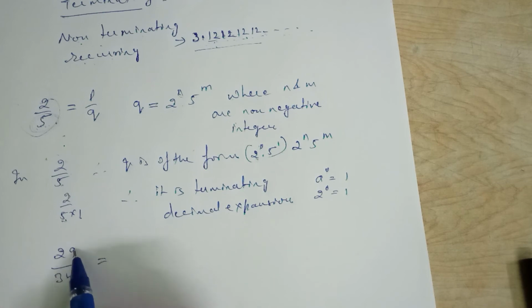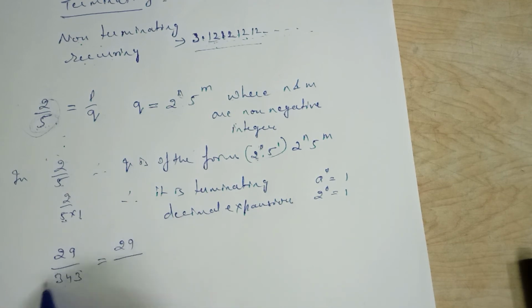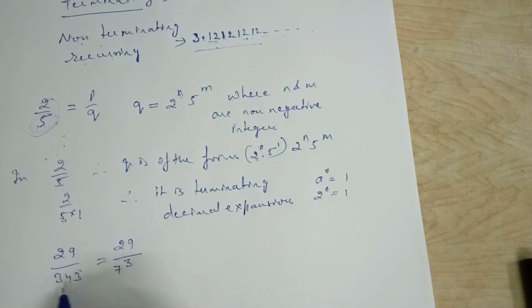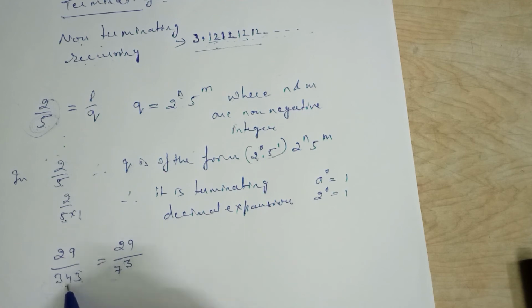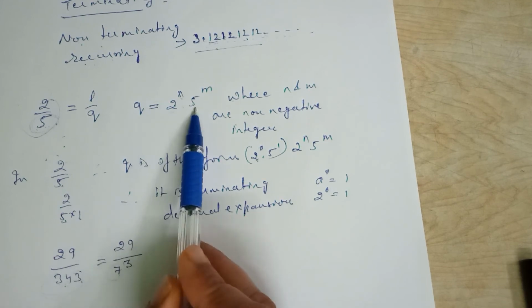Next example, I am taking 29 upon 343. First, we check the cancellation between numerator and denominator. There is no cancellation. Then find the factors of the denominator, that is q, 343, and we know that 343 is the cube of 7. If we multiply 7 three times, we will get 343. Here, the only factor of q is 7. It is neither 2 nor 5.